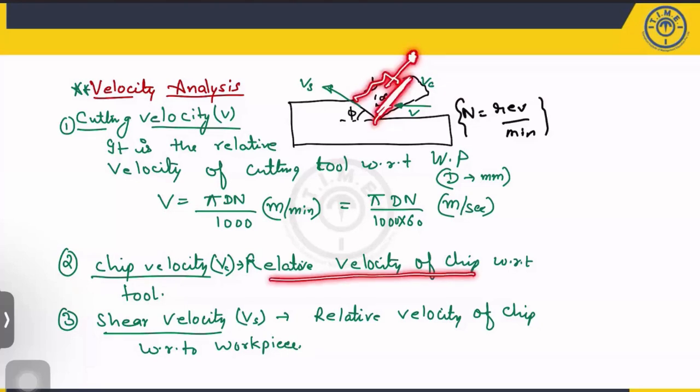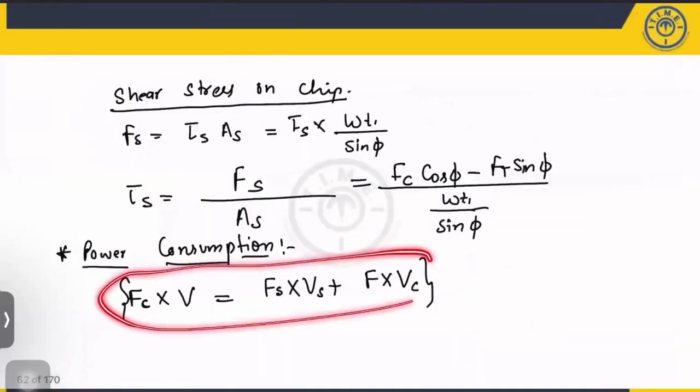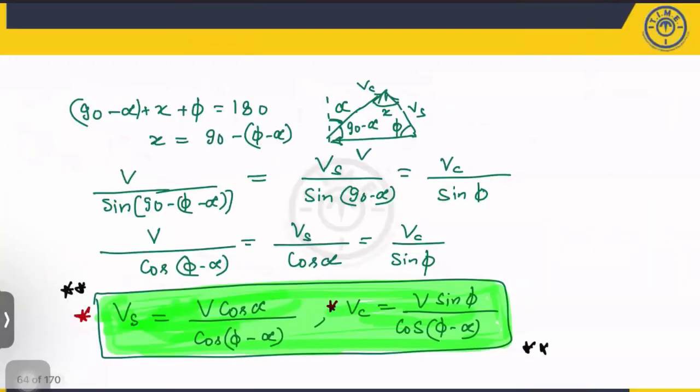The relative velocity of chip with respect to tool is called the chip velocity. Cutting velocity you already know. It is the relative velocity of tool with respect to workpiece. So these three velocities are very important for solving the power consumption. What is the relation between chip velocity, shear velocity, and cutting velocity? That I will discuss now.